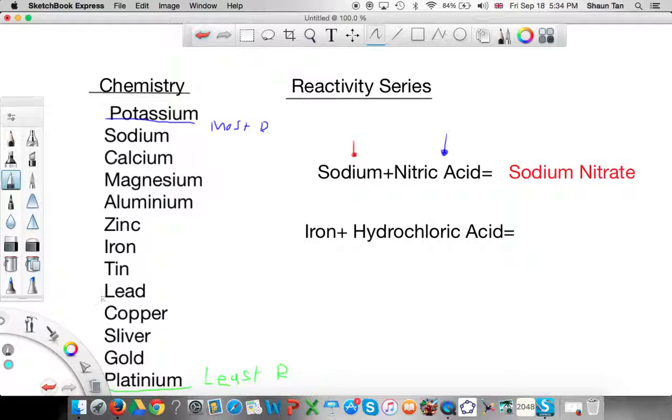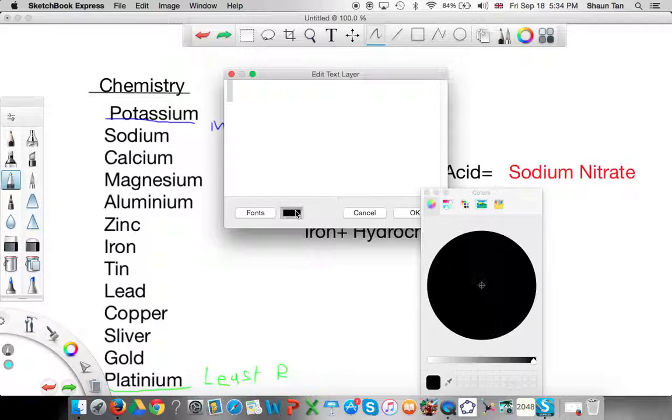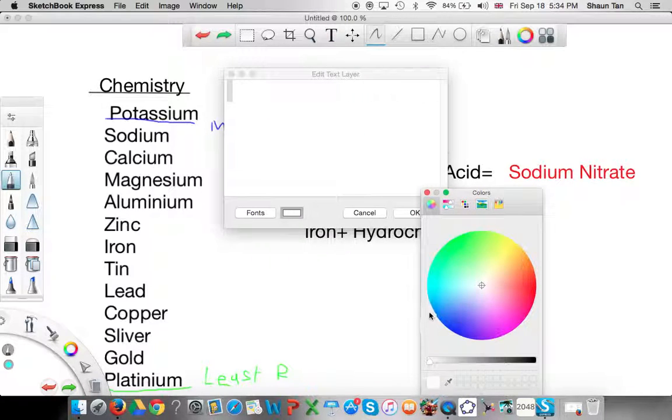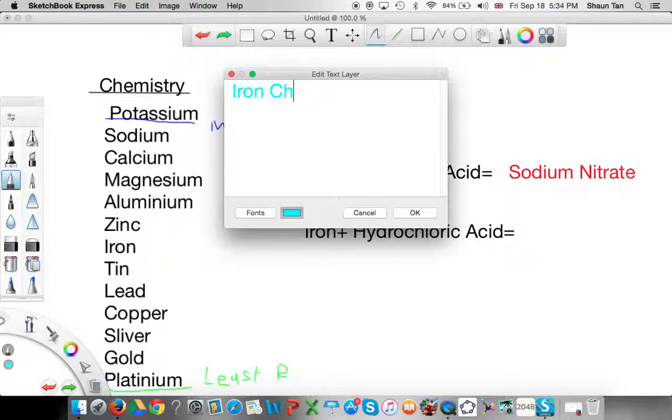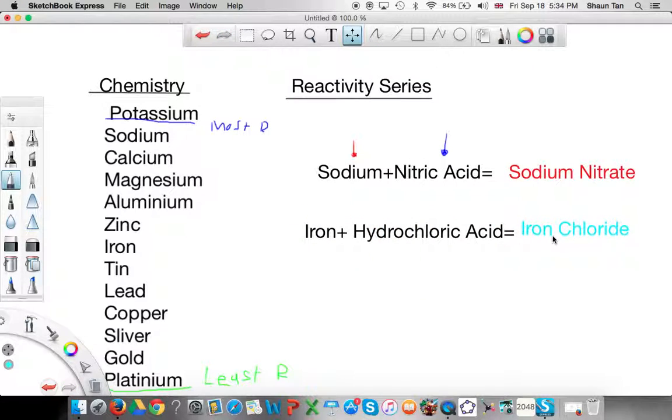And now we know iron is right here. So, in that case, we know it will react with hydrochloric acid, which will give you chloride. So, what's the answer to this question? Yes, it gives us iron chloride.